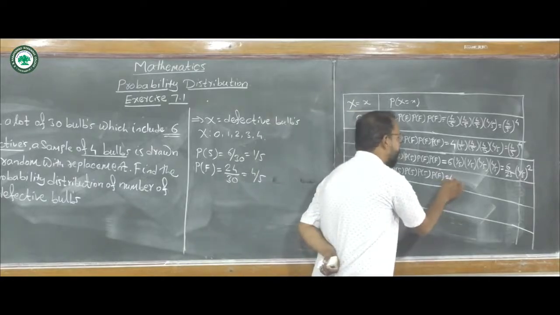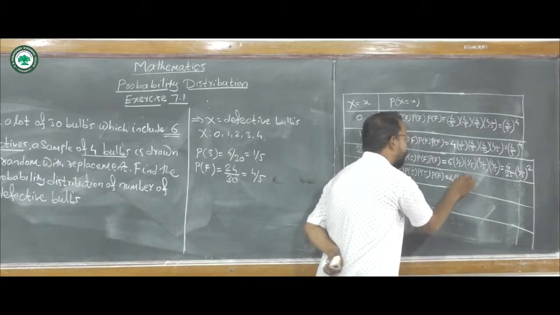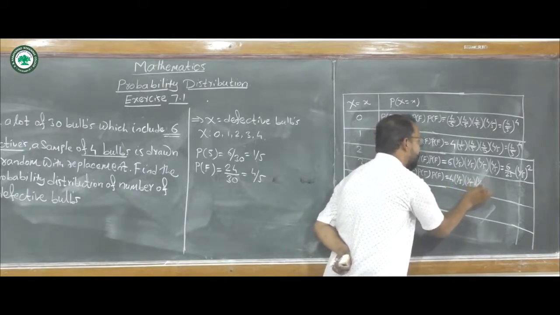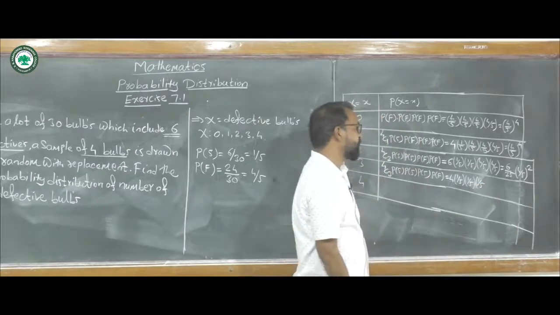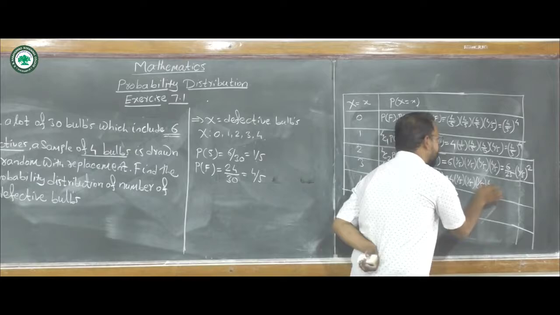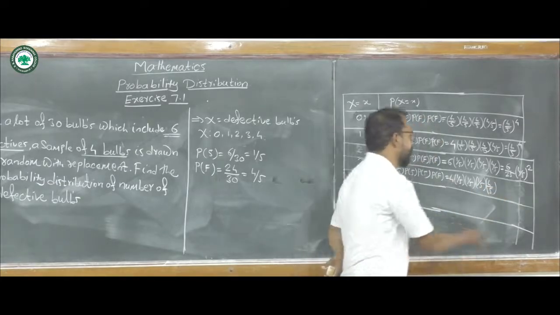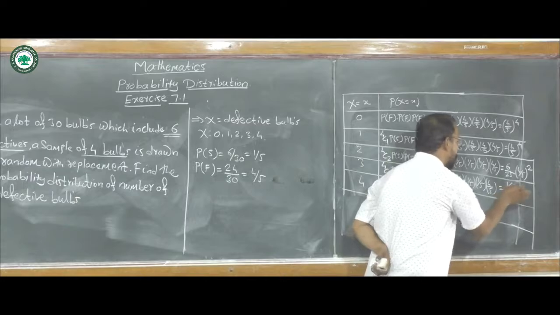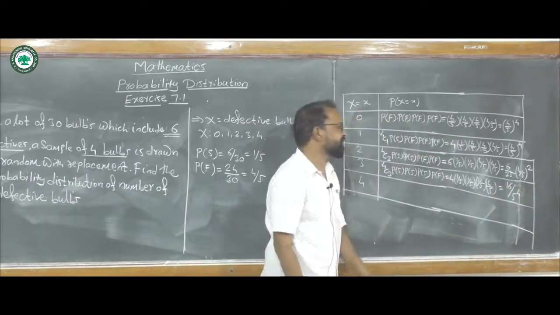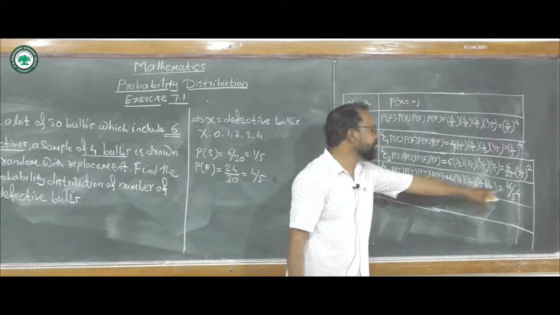So we get 4 into 1 upon 5 into 1 upon 5 into 1 upon 5, these are the probabilities of 3 successes, and 1 failure, that is 4 upon 5. So it becomes 16 upon 5 raised to 4.